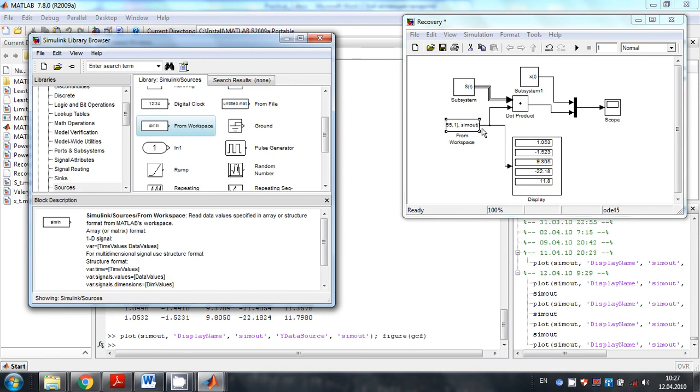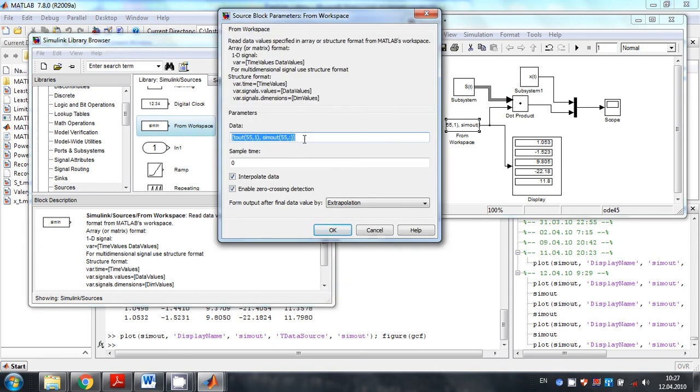So the data will come as a structure. The first column will be disregarded. It represents the timestamp. The second column, these brackets represent actually the matrix of the structure. The second element, sim out, and we pick from sim out the 55th row, and all the columns in this particular row, which are 5.